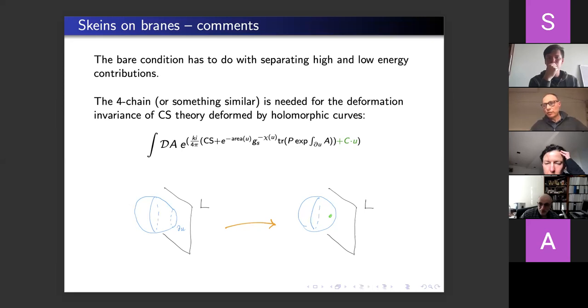But I actually don't quite understand how to do it in the fully perturbative setting. So that's something that still needs to be understood. And I think one has to have some distributional term, whatever this sphere is, I don't know.